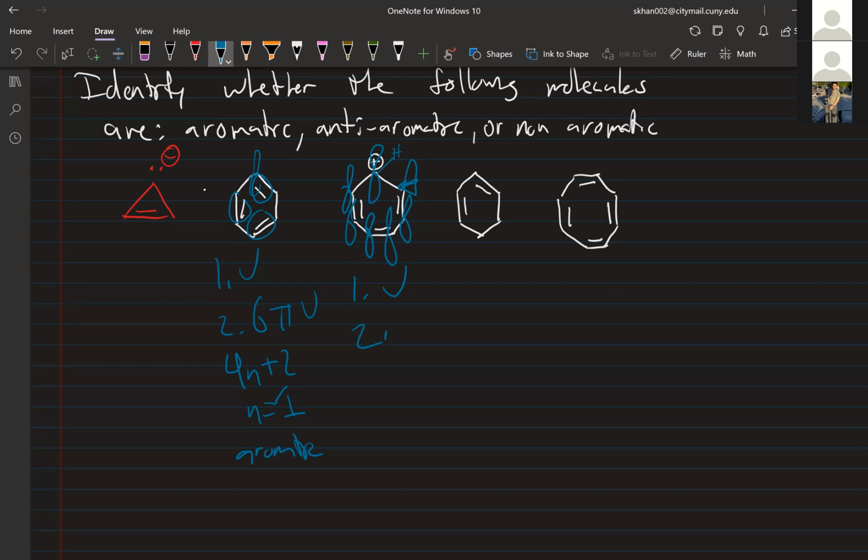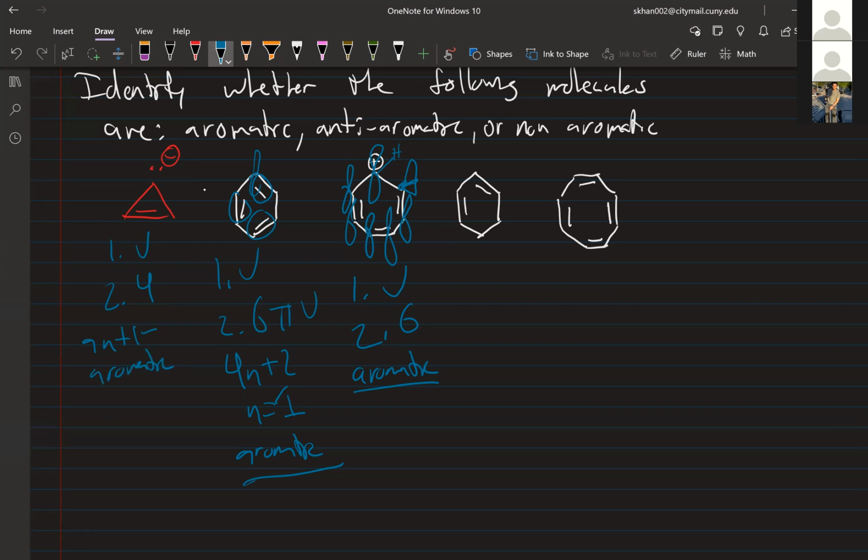How many pi electrons does it have? 6, right? So is this aromatic or anti-aromatic? Good. Just to quickly do this one, rule 1 is check. Rule 2 is 4n, it's anti, for future notes.